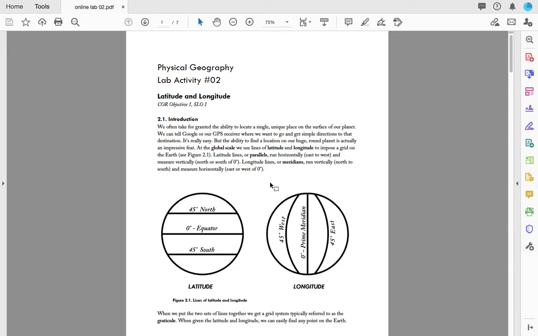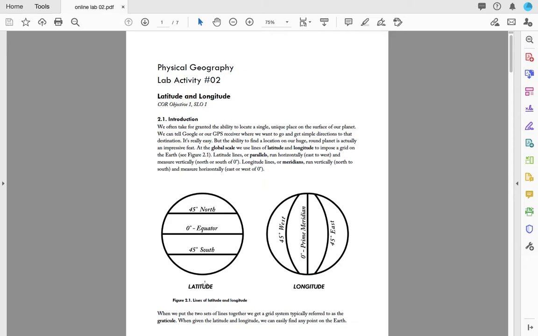But with latitude and longitude, really all this is, is a grid. It's a grid system and what we call a coordinate system, meaning it's designed to help us find either where we are or where we want to go. And that's all it is. So it's this grid that we use for location.